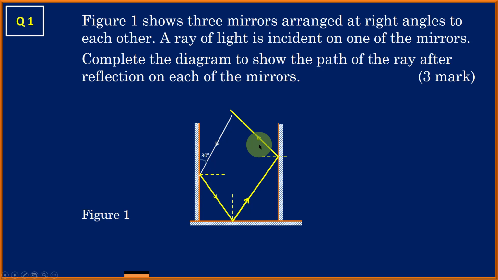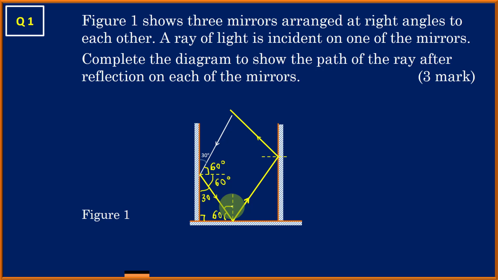You can go ahead and indicate the angles on the diagram. For instance, we have just said that this angle here is 60 degrees because it is the angle of incidence. This is another 60 degrees because it is the angle of reflection. This will be 30 degrees. Since this one is 90, then this will be 60, because the sum of the angles in a triangle is 180 degrees.